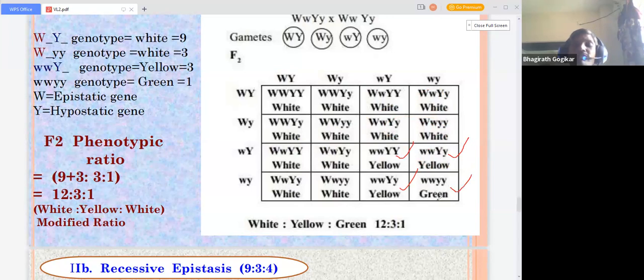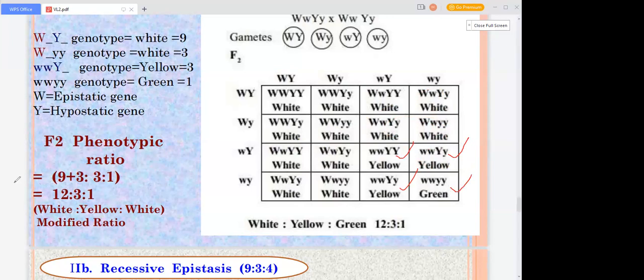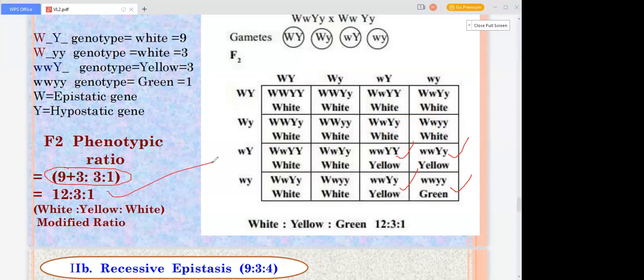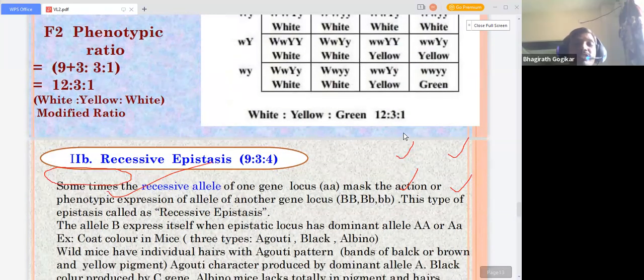Both recessive genes produce green color. So the ratio becomes 12:3:1. This is the non-Mendelian ratio of dominant epistasis. Is it clear? Next, we can go for recessive epistasis.